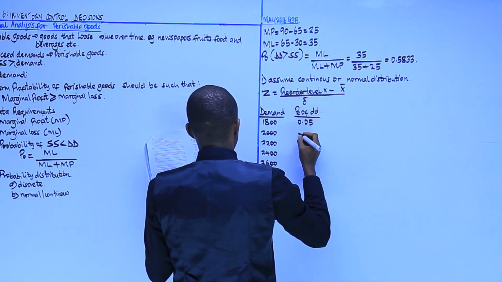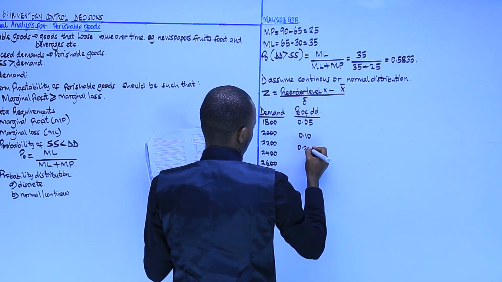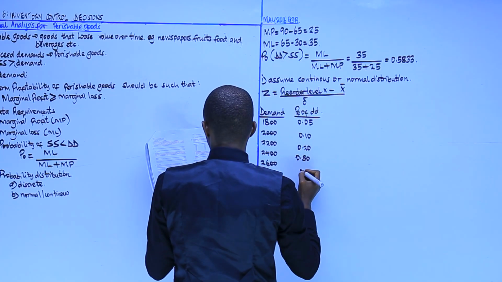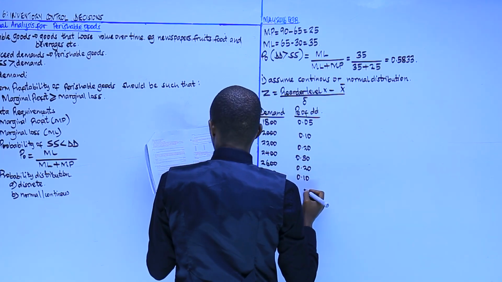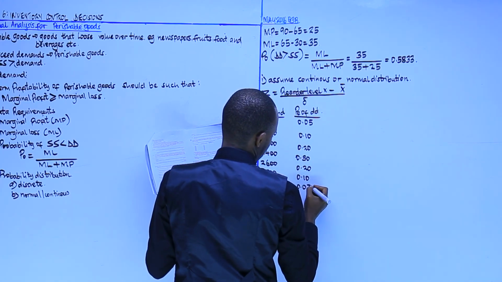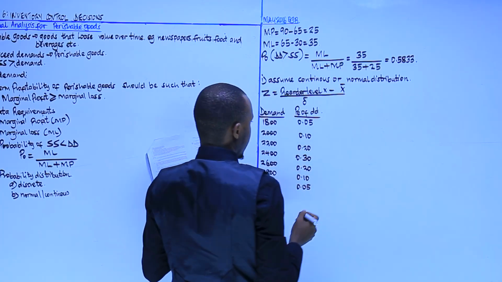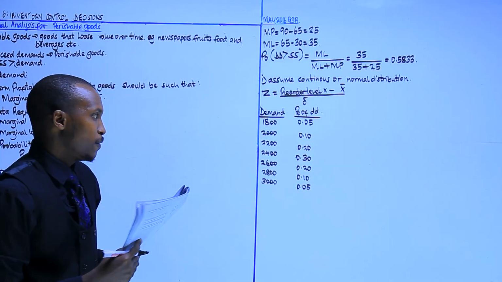Probabilities: 0.05, 0.10, 0.20, 0.30, 0.20, 0.10, and finally 0.05. Okay, that is the probability of demand.